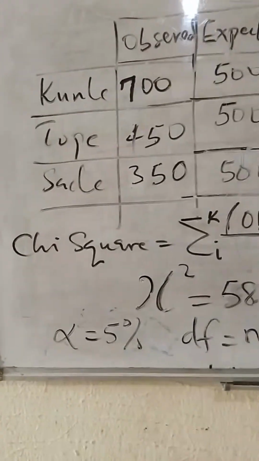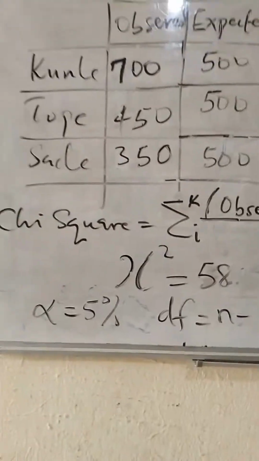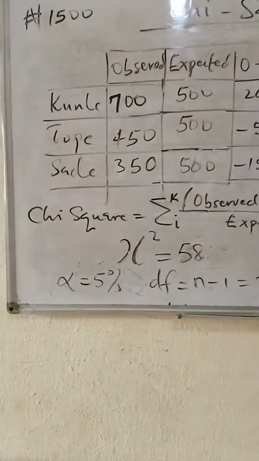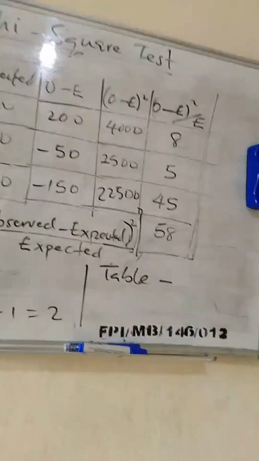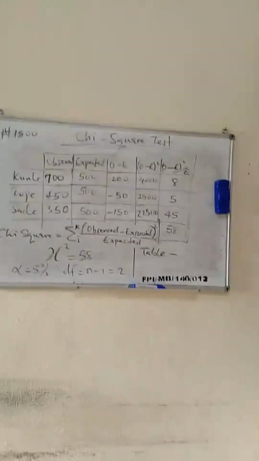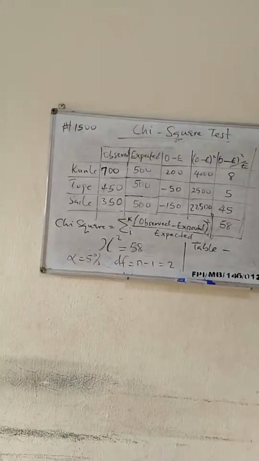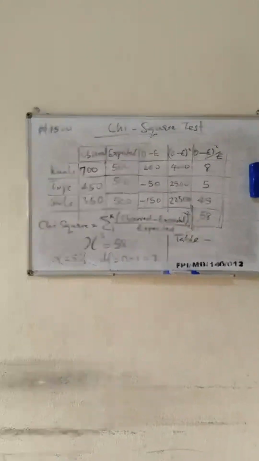Then for degree of freedom, we look at the number of columns and number of rows for chi-square. To check the value from the table, we need the degree of freedom. Are you with me? To get the value on the table, you will need the alpha and the degree of freedom. That is how to get it.